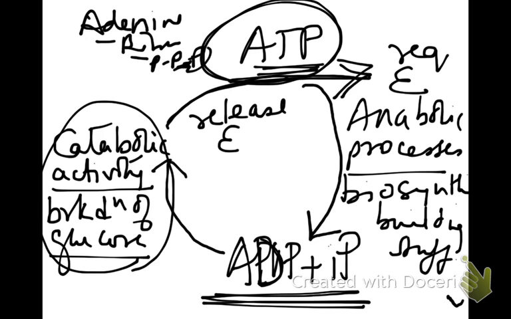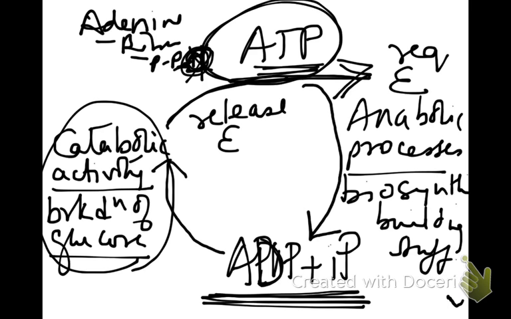If the last phosphate is broken down or removed, that particular bond releases a lot of energy. So I use that energy, by breaking the ATP, to drive all my anabolic processes, which means I reconvert it back into ADP and inorganic phosphate.